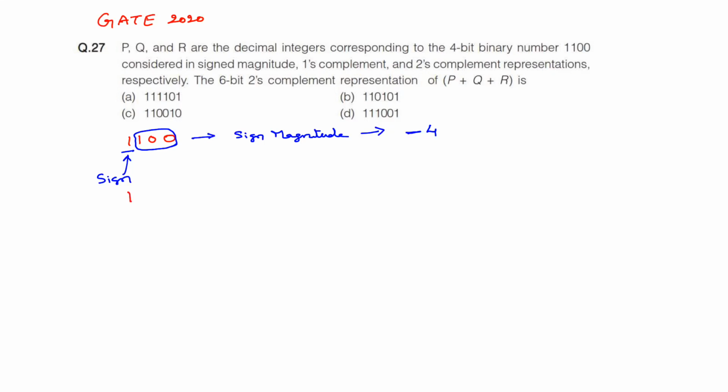Again 1100. What is its value in 1's complement? In 1's complement, 2's complement, or sign magnitude, if the MSB is 1, that represents a negative number. All are negative numbers if the MSB is 1.